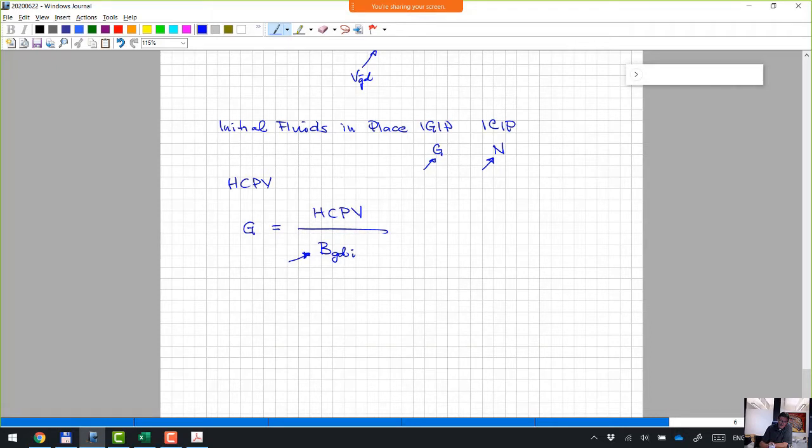And then N is just going to be G times the initial OGR, 50 stock tank barrels per million. You might call it initial solution, or just the initial oil gas ratio. But you have to be careful here, because when you use conventional gas material balance in gas condensate reservoirs, where we use the two-phase Z factor that you've seen in PVT reports, this is not the G that they're talking about.